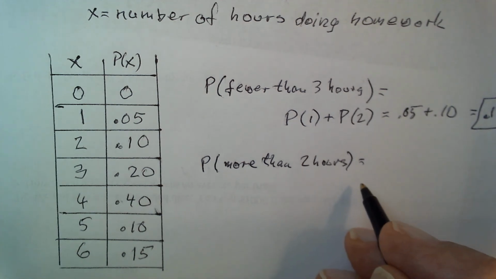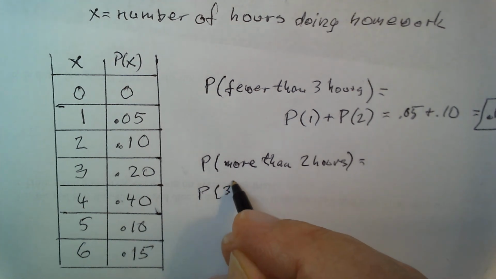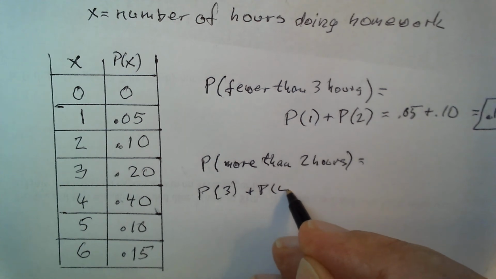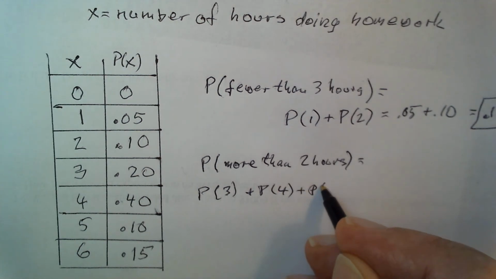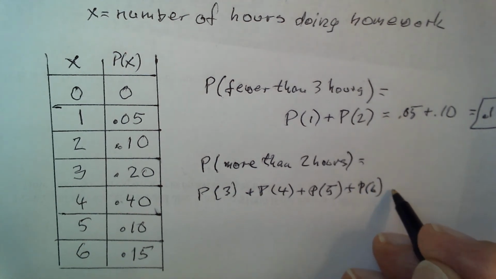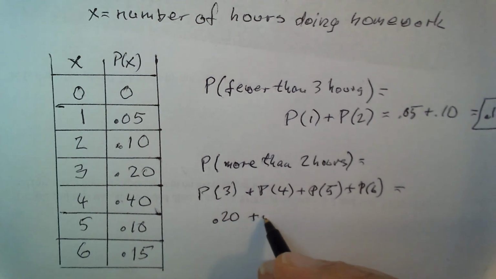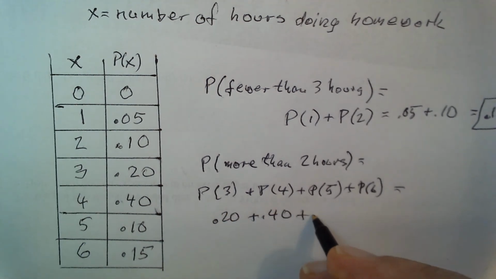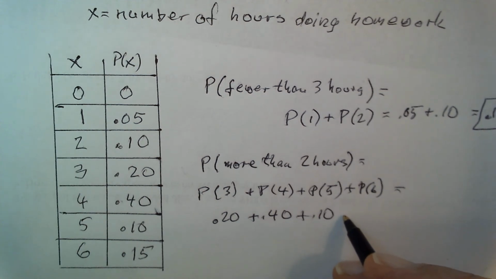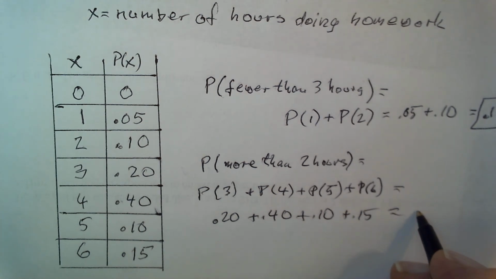And one of them would be to simply add up the probabilities of studying 3 hours plus the probability of studying 4 hours plus the probability of 5 hours and the probability of 6 hours. And that would be equal to 0.20 plus 0.40 plus 0.10 plus 0.15. And that turns out to be 0.85.